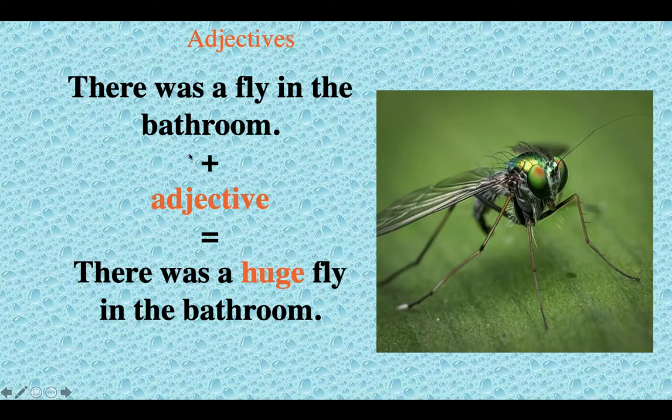So the word huge talks about the fly, how it looks: huge or scary or hairy. It describes the fly. Fly is a noun and huge is a word that describes the fly.